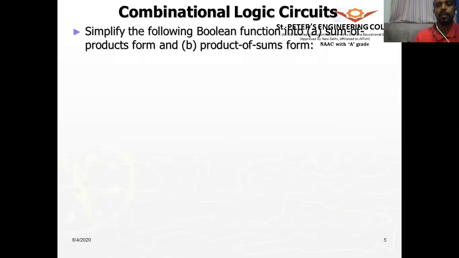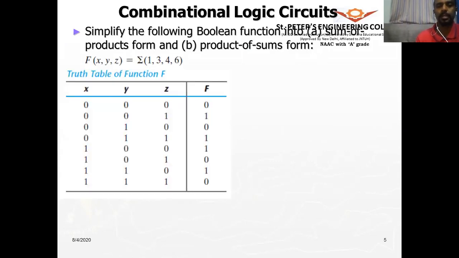So in a similar way, let us do another problem. This is a 3 variable function, and let us see the function 1, 3, 4 and 6. So let us write the truth table. More often we have looked directly into the corner map. Now let us write using the truth table.